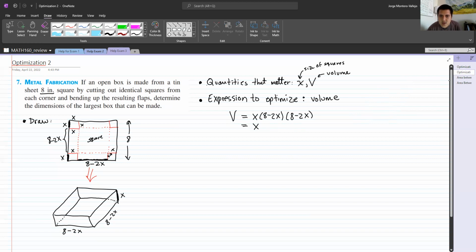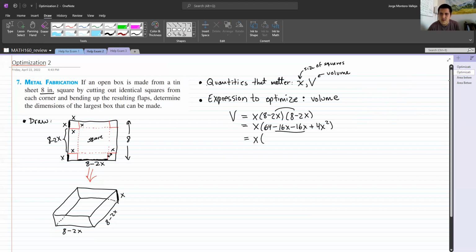So if we multiply this out, what do we get? Let's multiply these two. You get 8 times 8, that's 64, and then 8 times minus 2x is minus 16x, and then minus 2x times 8, again minus 16x, and then minus 2x times minus 2x, that's positive 4x squared.